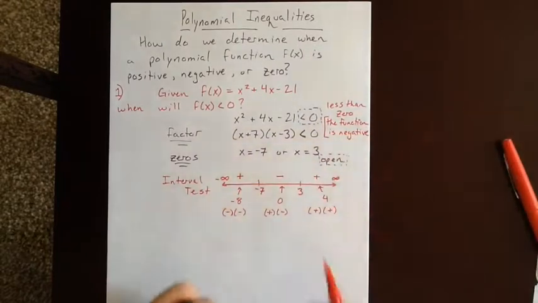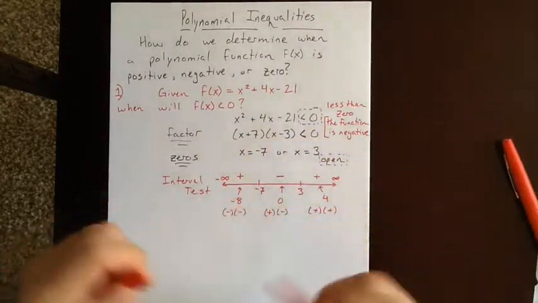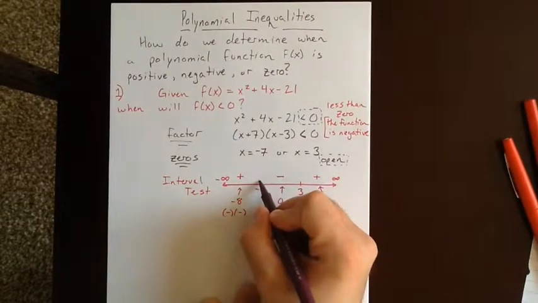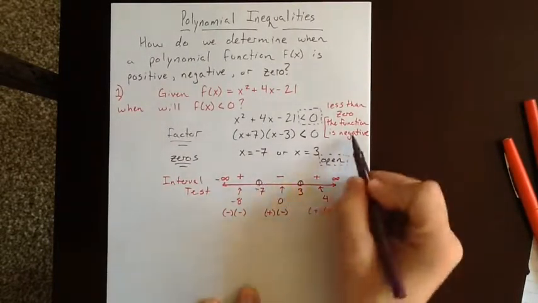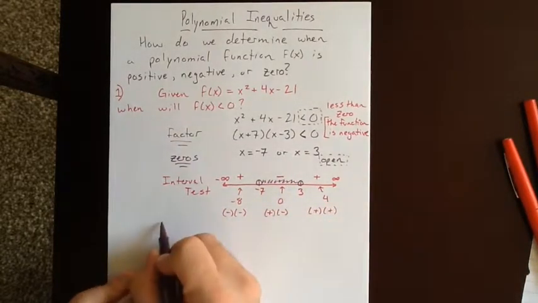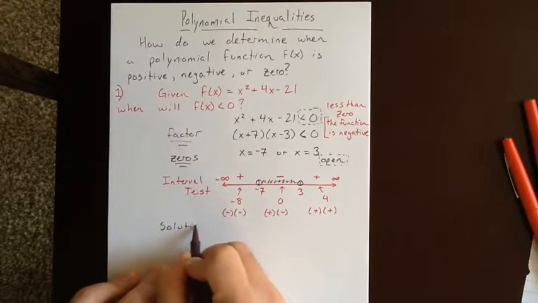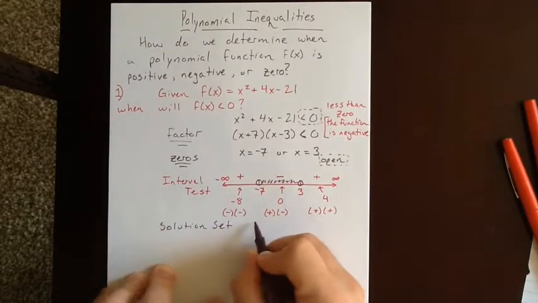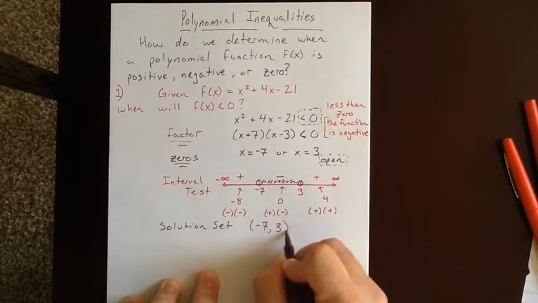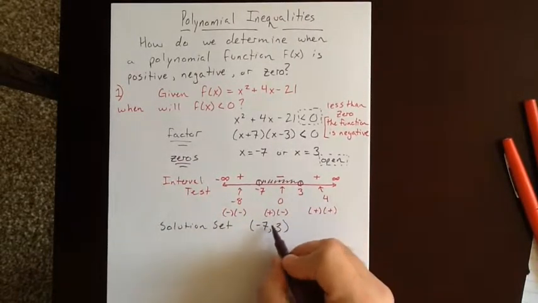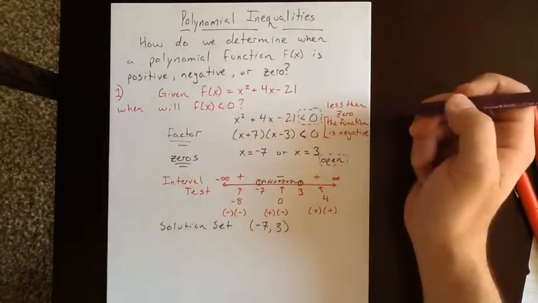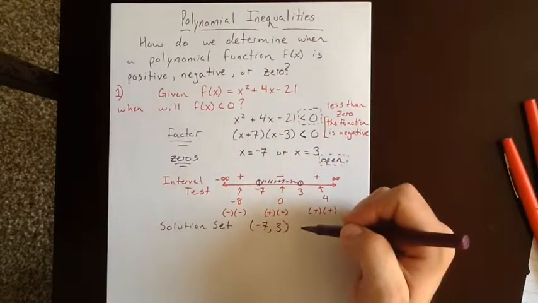That's essentially what we're looking for. So in our interval test, we want that region. We said we're using open brackets, and we want the negative region, which is this region here. So our solution set is open bracket negative 7 to positive 3. Every x value within this region will make this quadratic expression less than 0, and that is exactly what we were looking for.